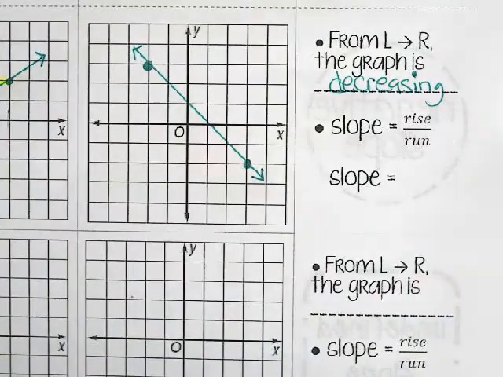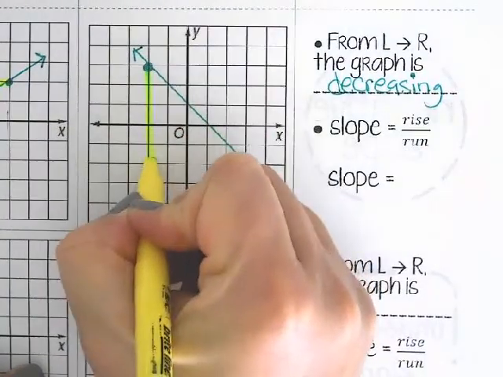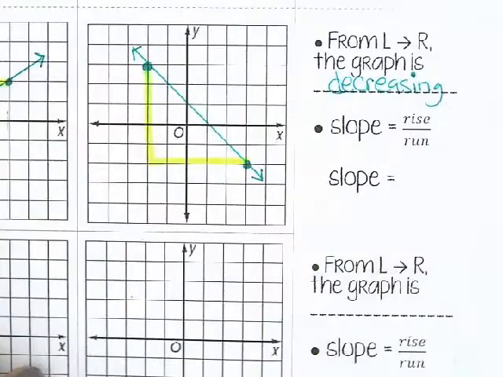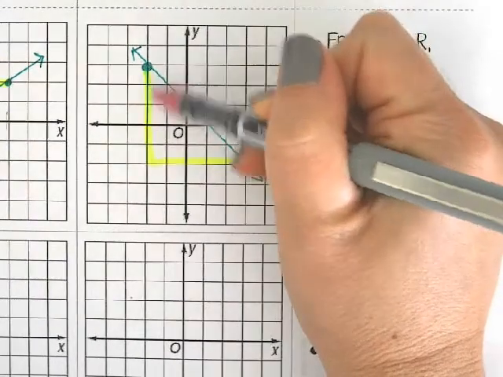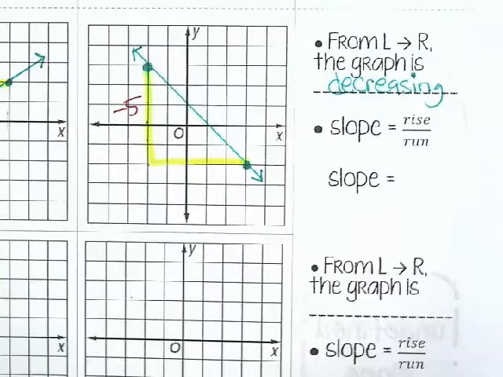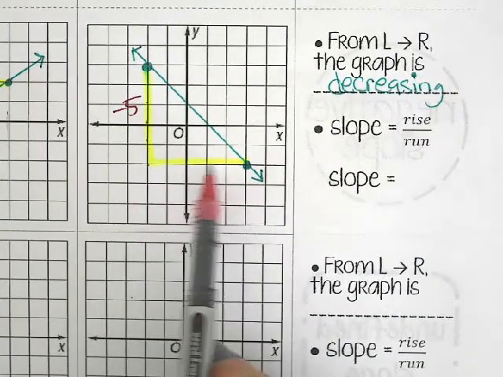Rise over run. Again, there's 2 ways to do rise over run. I'm going to go down and over, or I could go up and over. If I'm going down, my rise is negative. 1, 2, 3, 4, 5. So this is -5. My run is going to the right. 1, 2, 3, 4, 5.